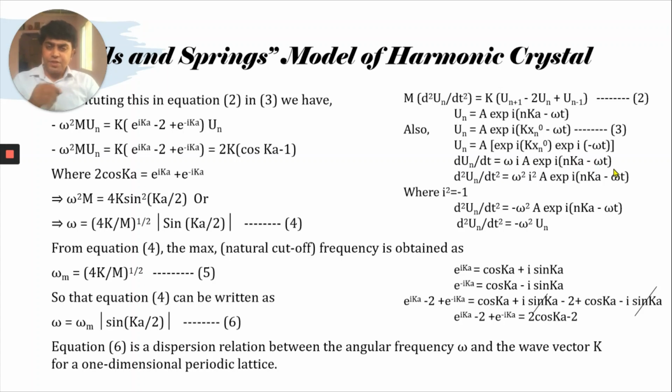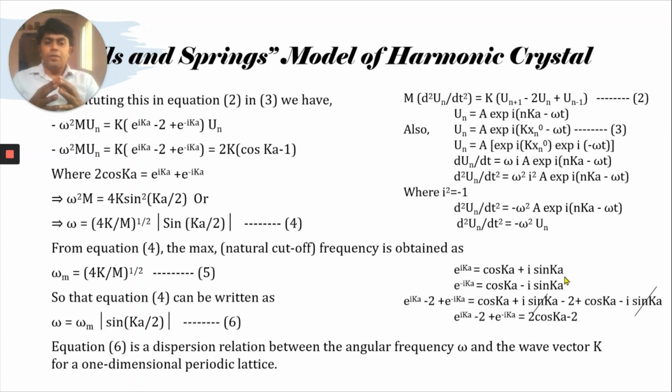That is the first differentiation of un. Again, differentiating with respect to t, we obtain omega square i square a exponential of i (nka minus omega t). We know i square equals minus 1. So d square un by dt square equals minus omega square a exponential of i (nka minus omega t).